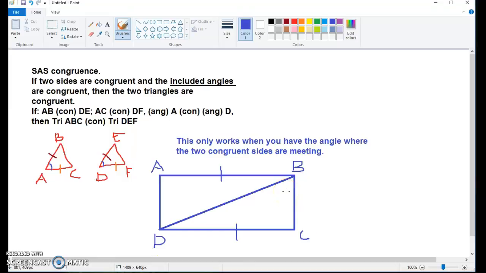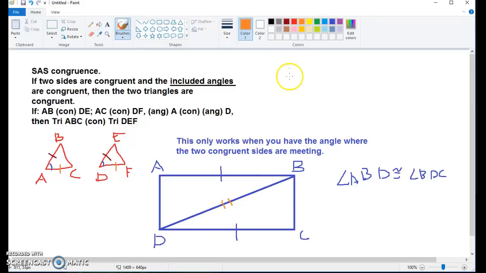Which things am I going to need in order to make sure that these things are congruent? We're going to need to know that angle ABD is congruent to angle BDC. We know that BD is congruent to BD because of reflexive property.